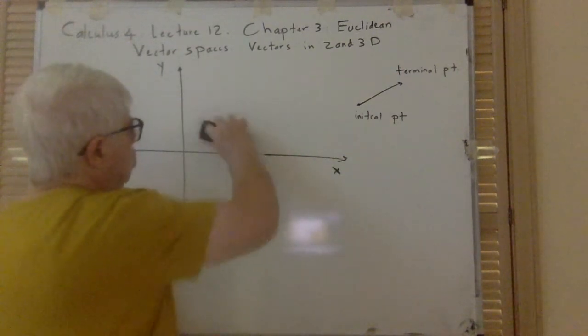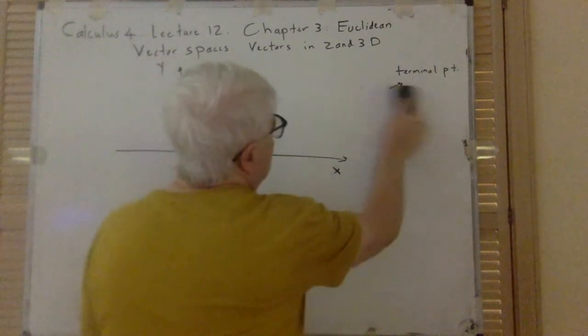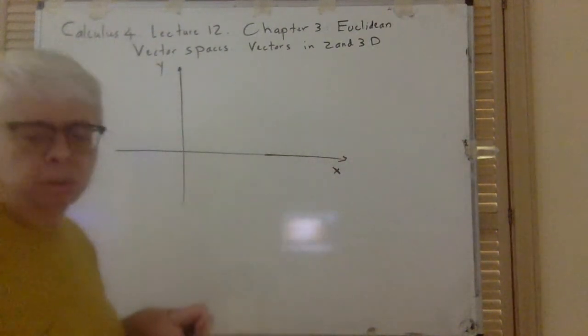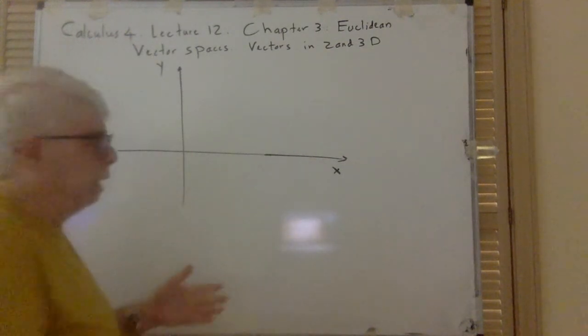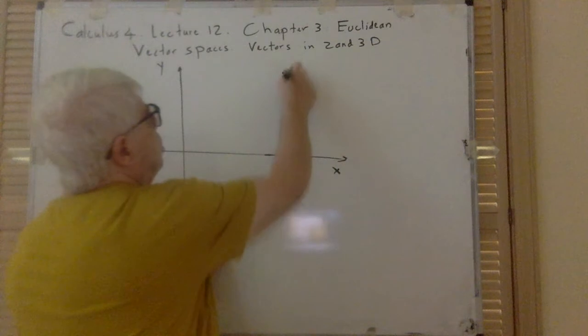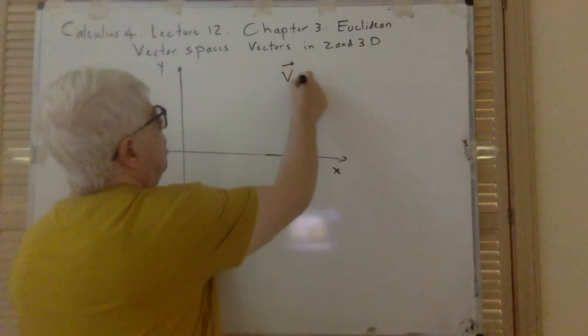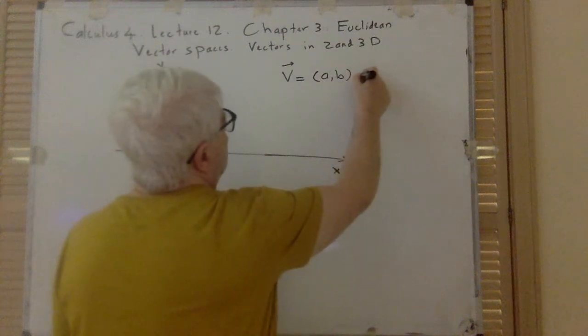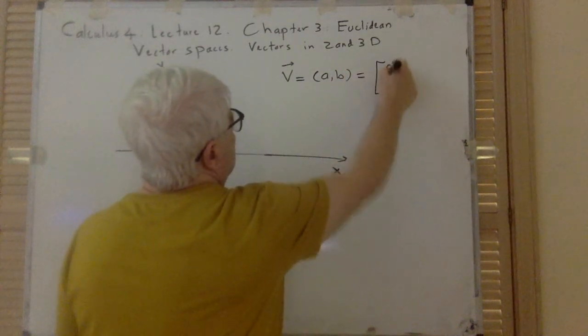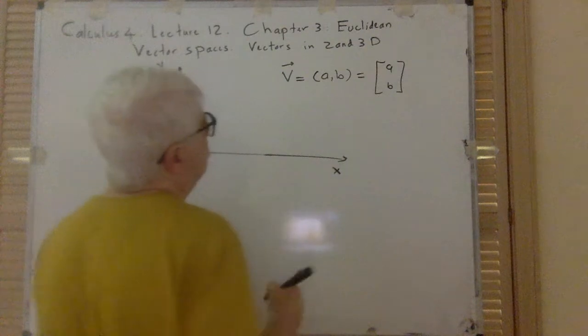So in R2, the vector is basically the same as a point, say. So we say vector V, and we either write AB, or remember we also write it like this.